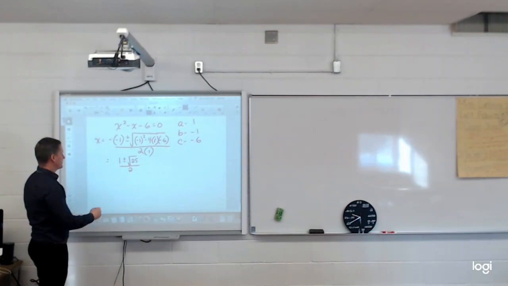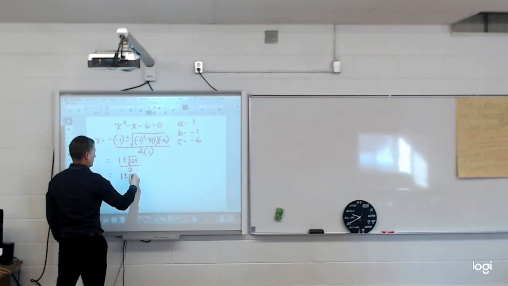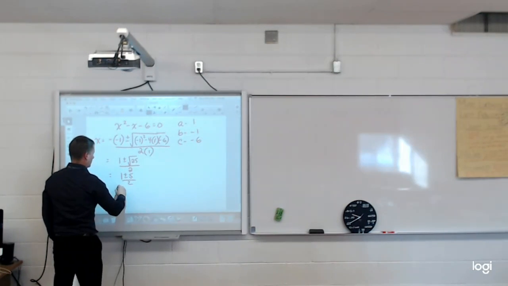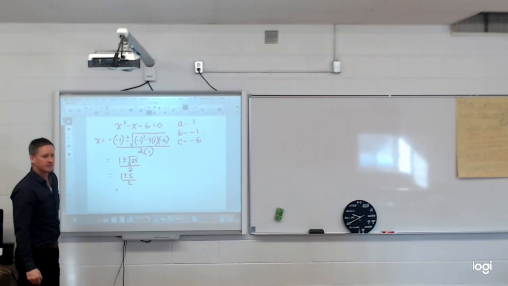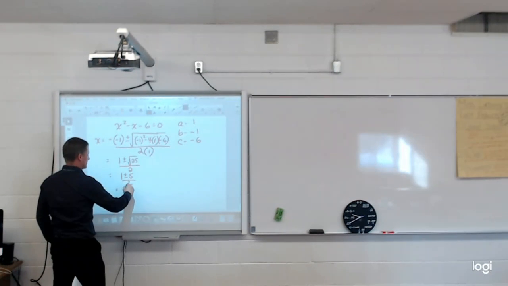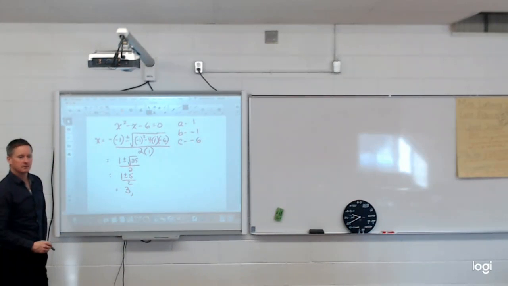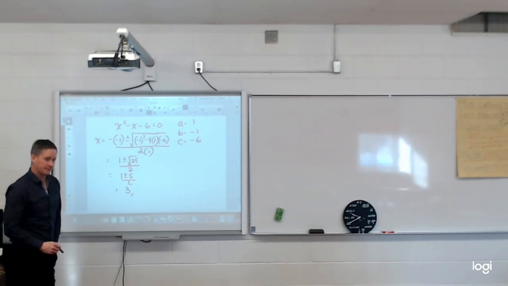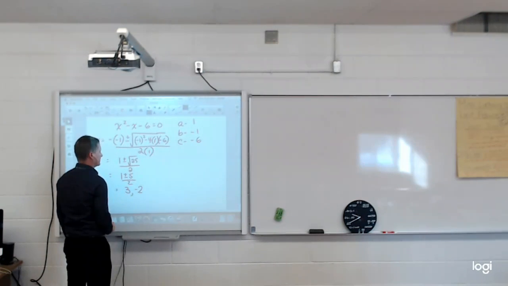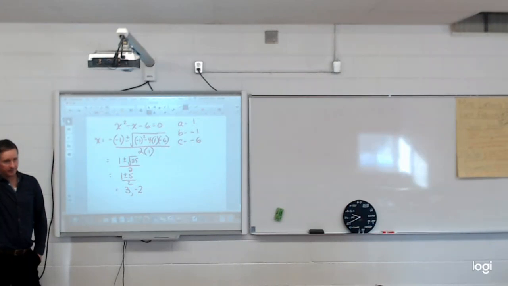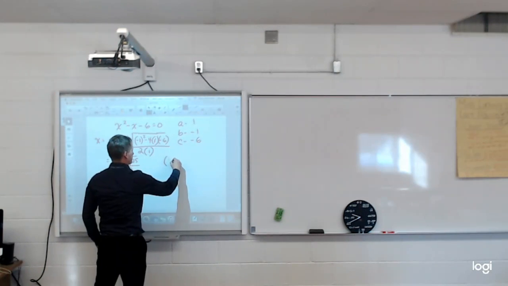What is the square root of 25? 5. So 1 plus minus 5 over 2. 1 plus 5 is 6, and 6 divided by 2 is 3. 1 subtract 5 is -4, and -4 over 2 is -2. There's my answer. If I factored that, I'd get this.